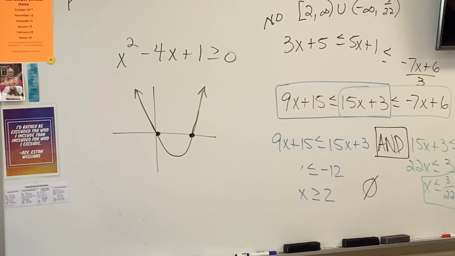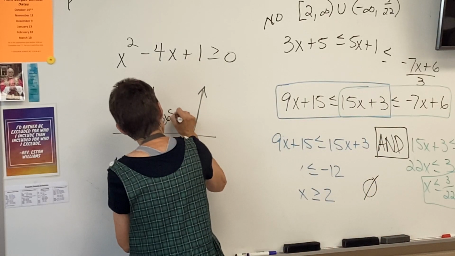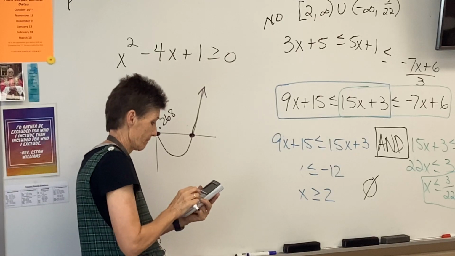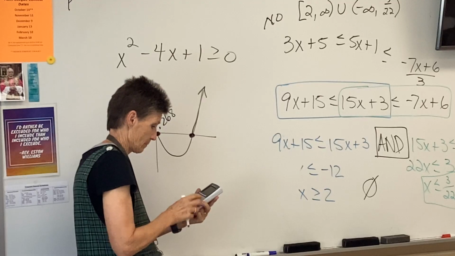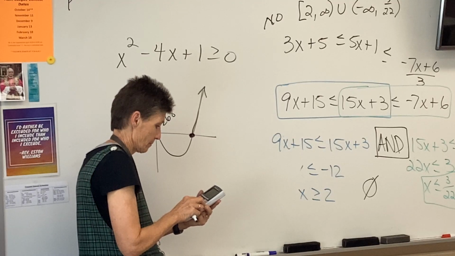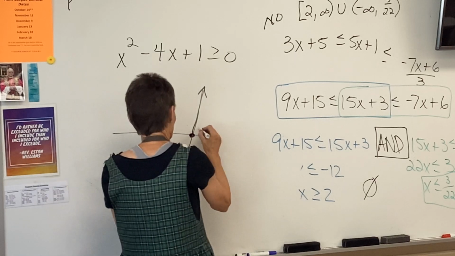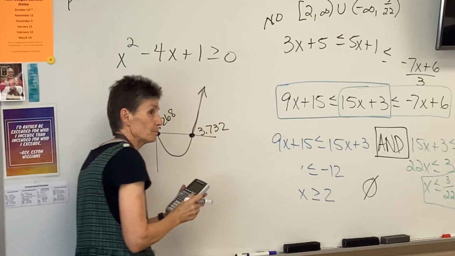So second calc 0, here we go. .268, help me out if I'm wrong, tell me. .268. And 3.732.